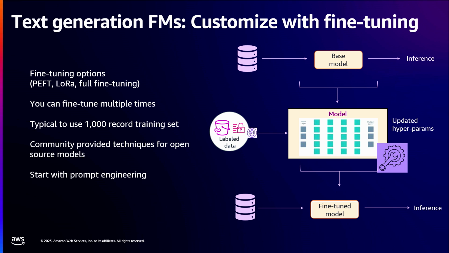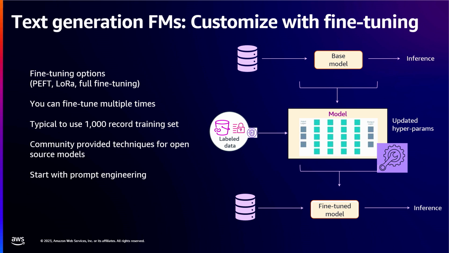We have seen customers achieve great improvement over the performance of the base model by fine-tuning their models with only about 1,000 records of labeled data. We've made it easy for you to do this in Bedrock. All you need to do is point to a data set, and Bedrock runs a fine-tuning job for you and stages the model so you can, with a simple API, make a call and use it in your application.